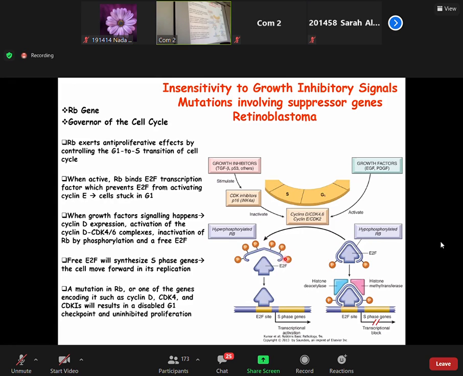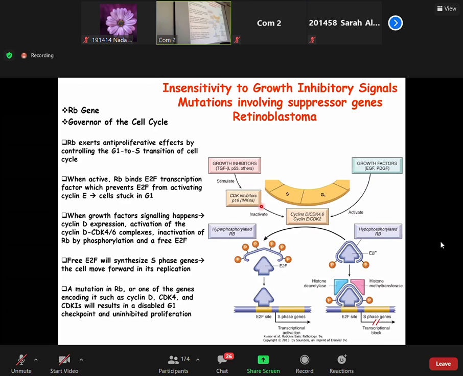The result of that is this closed wing, if you will, going to open up, as you can see here. What happens to the E2F? The E2F goes free and finds its way back into the genomic sequence at the E2F site, making the S phase genes, allowing for the cell cycle to move in that direction.